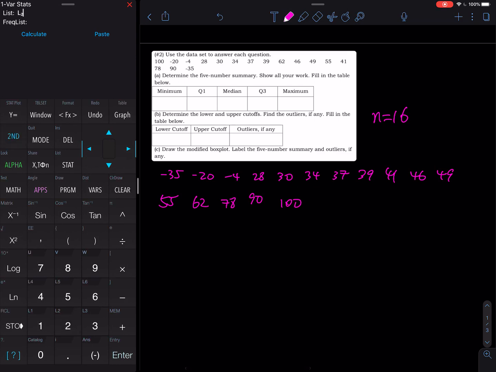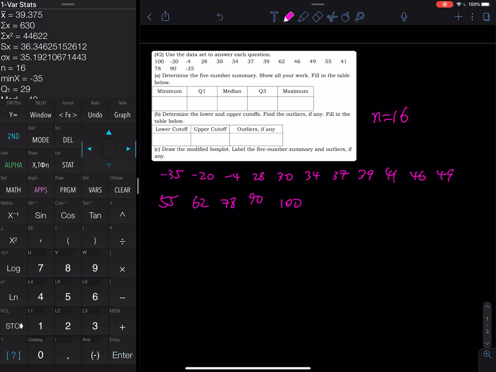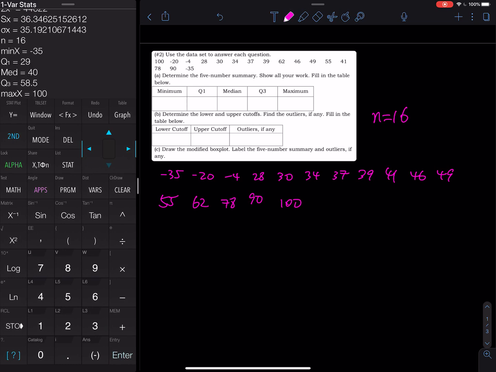Just go right into calculate and then press the down arrow. You will be able to see your 5-number summary. So that is -35, 29, 40, 58.5, and then 100.